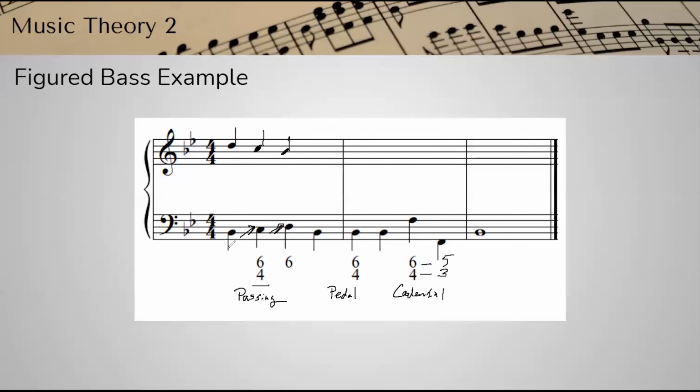Well, I can have 8-5-3 in this first chord, and the note D is my 3rd, so that checks out. I can have 8, 6, and 4, and that note C I wrote there is an octave above the C, so that checks out. And then in this chord I can have 8, 6, and 3, and that B flat I wrote is my 6, so that checks out too.